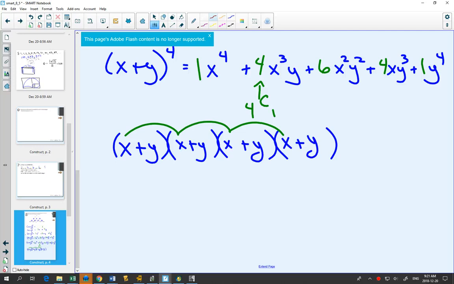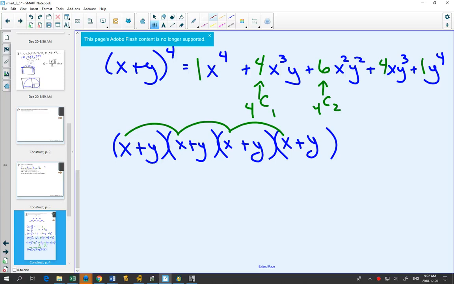If you wanted 2 y's, this number right here is 4 choose 2, because it doesn't make a different term if I change the order. Getting 2 y's no matter which order, how many different pairs of 2 y's could I have? I could have this y and this y, this y and this y, and so on.